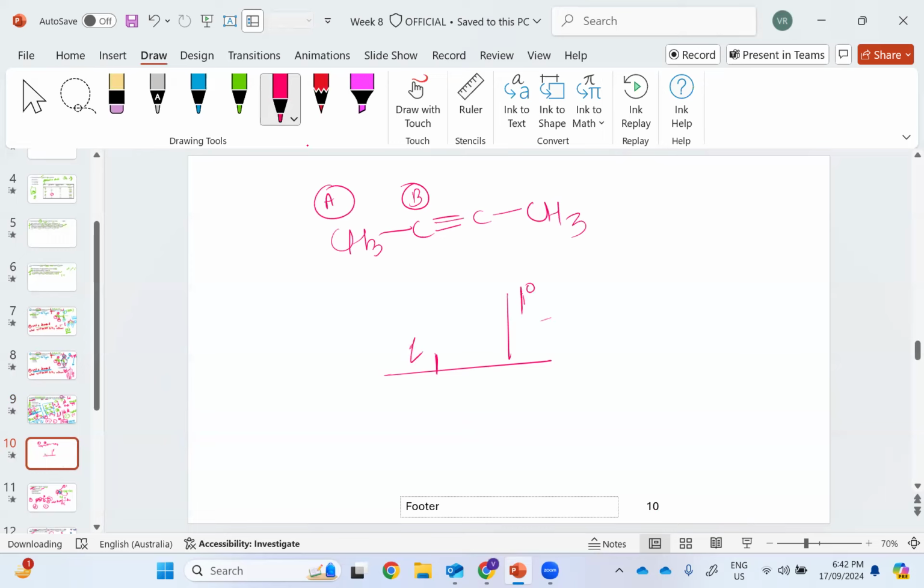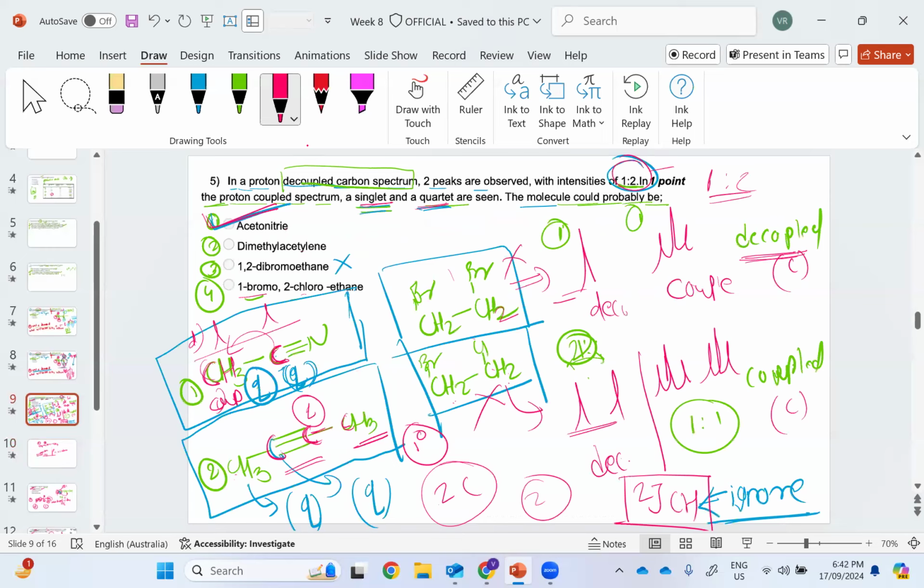Although this signal is also due to two carbons, and this signal also due to two carbon atoms, the intensity will be in this manner. So here the intensity should be 1:3. That is 3 for this carbon and 1 for that quaternary carbon.